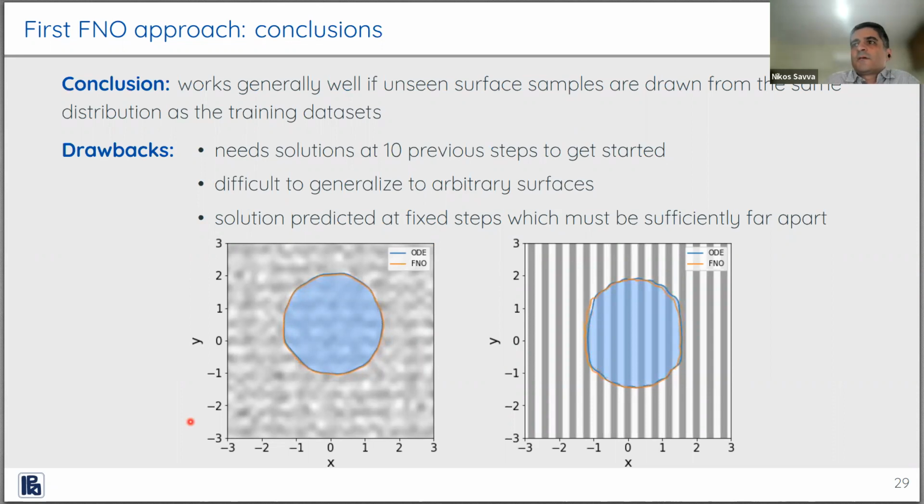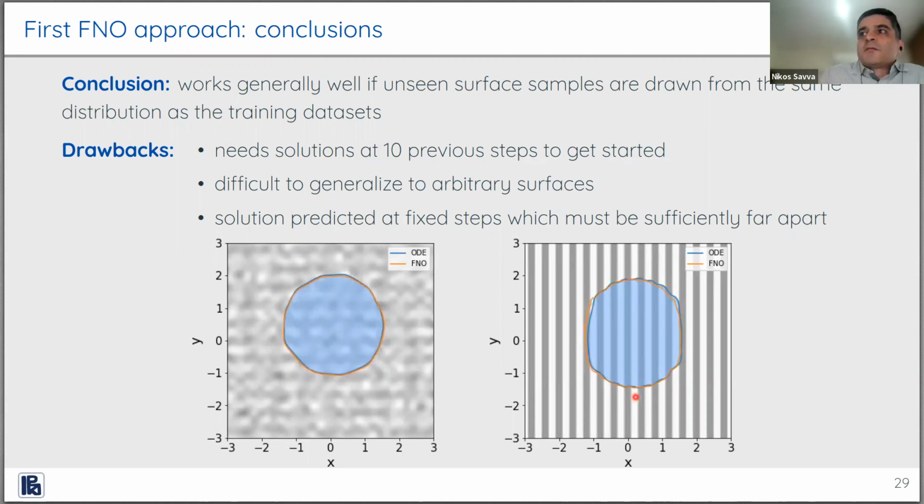And even if you do this, there are cases where you see this jittering dynamics, which means that it is difficult to generalize this approach to arbitrary surfaces. Another drawback is that the solution needs to be predicted at fixed steps, which must be sufficiently far apart and not too far apart. Otherwise, the network will not learn anything.